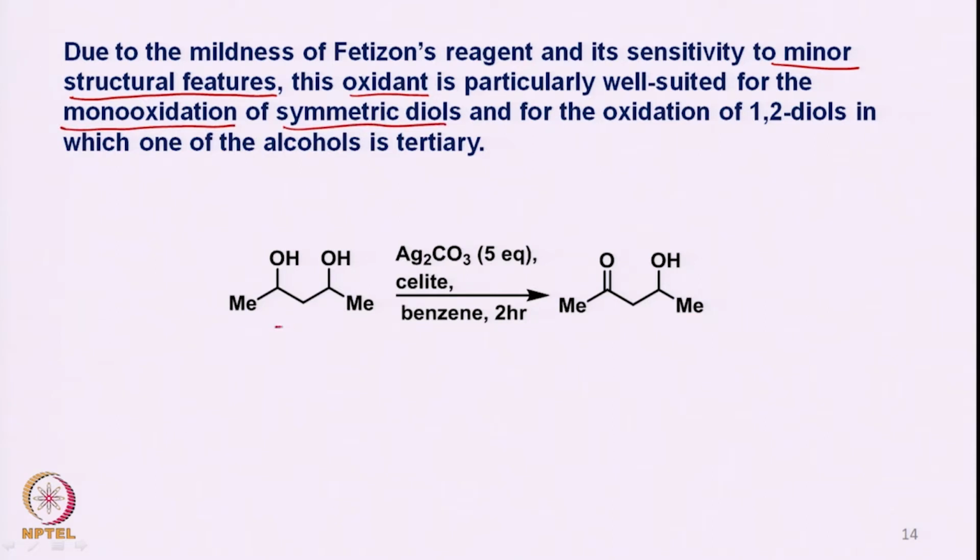Now, we have a symmetric diol like this here, and we can carry out a monooxidation, that means between the two of them we can oxidize only one of the alcohols even if we use excess of silver carbonate, because it is a slow reaction, and therefore one can monitor and stop when one of the hydroxy groups gets oxidized to the corresponding ketone.